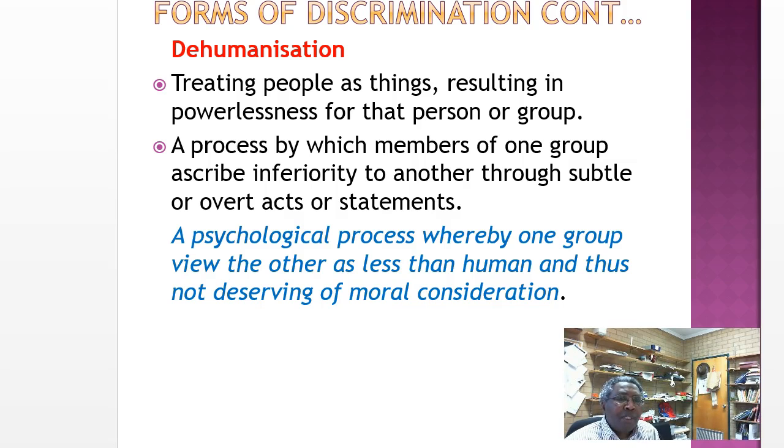Now, when you describe someone as a cockroach, it automatically means they are pests that need to be got rid of. And there is no moral obligation then to treat them as human beings. So a definition of dehumanization would be a psychological process whereby one group views the other as less than human and thus not deserving of moral consideration.